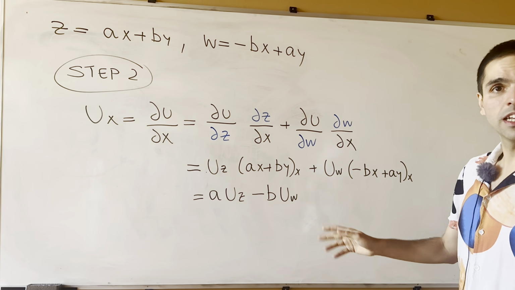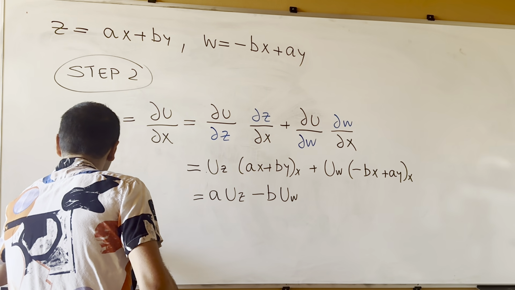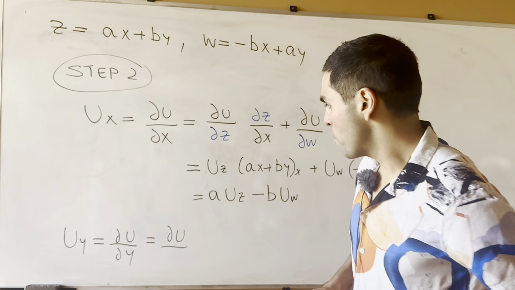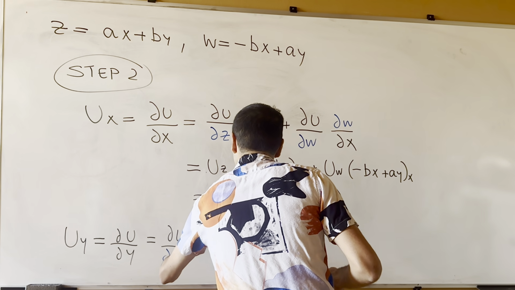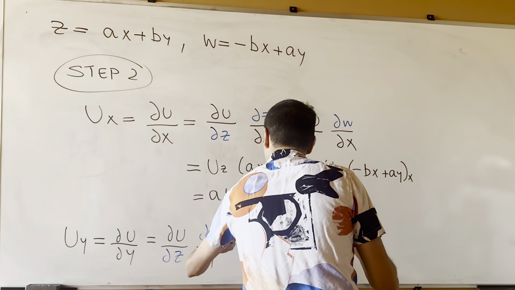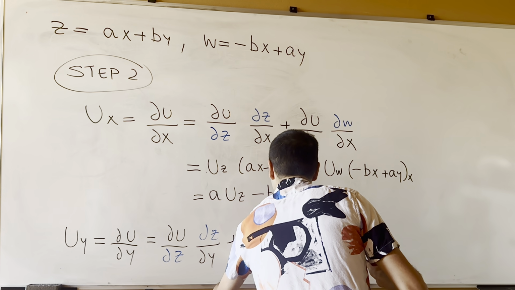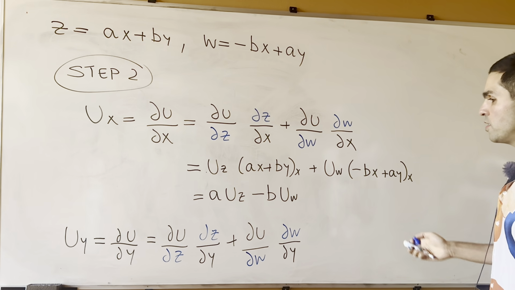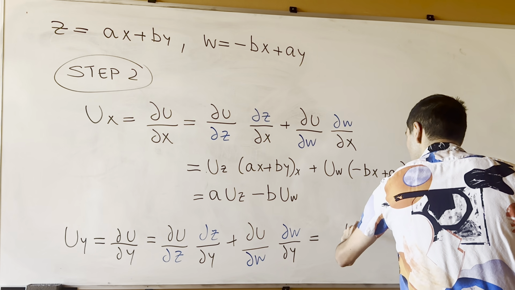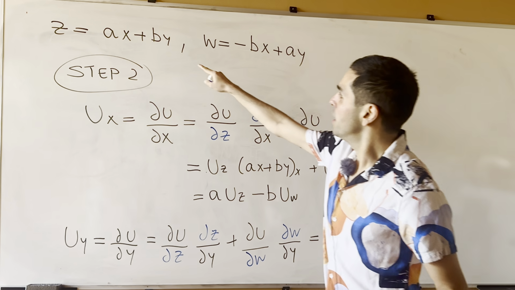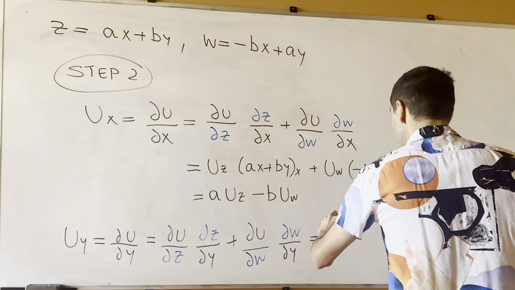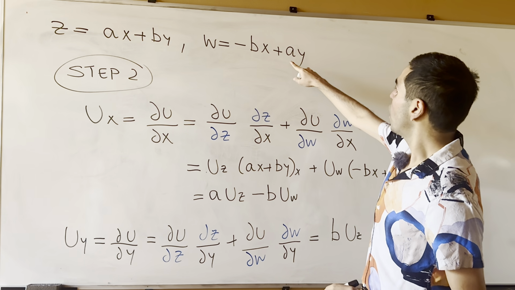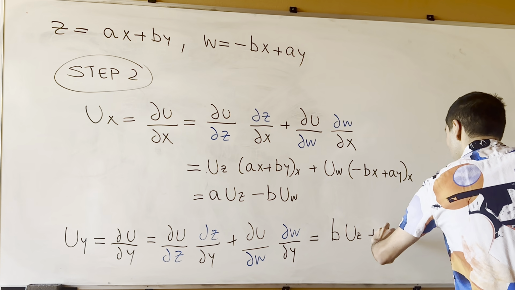Okay, so now let's do the same spiel with U_Y. So U_Y, that's partial U over partial Y, and once again, that's partial U over partial Z, partial Z over partial Y, and then plus partial U over partial W, partial W over partial Y. And what this becomes, so that's U_Z, so Z_Y, it's AX + BY with respect to Y, so B, so that's BU_Z, and then U_W, and then W_Y, it's A, so plus AU_W.